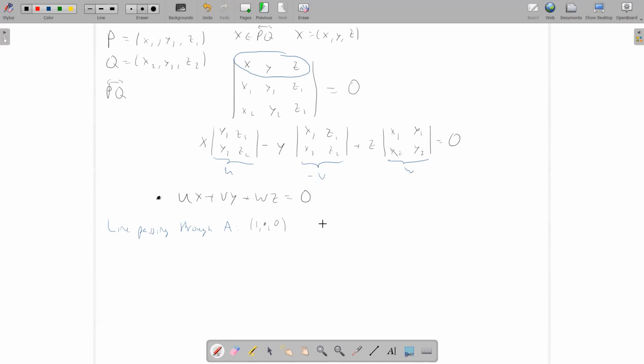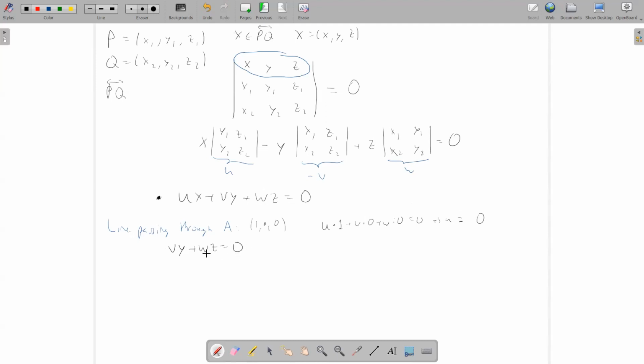So if we substitute in here, we get u times 1 plus v times 0 plus w times 0 equals 0. So u equals 0. In other words, lines passing through A will have equation vy plus wz equals 0.